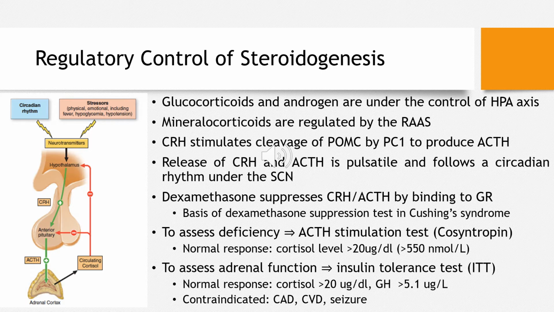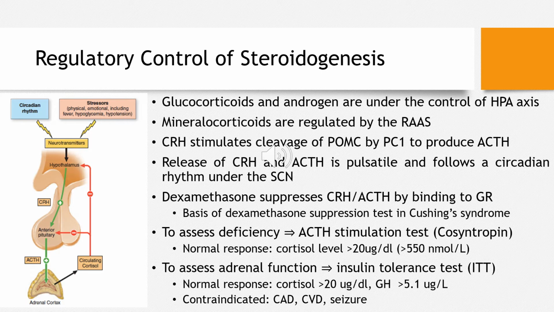Alternatively, an insulin tolerance test or ITT can also be used to assess adrenal function. This involves injection of insulin to induce hypoglycemia, which represents a strong stress signal that triggers hypothalamic CRH release and activation of the entire HPA axis, as we have mentioned a while ago.